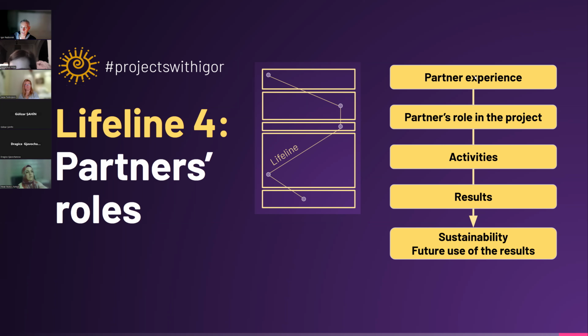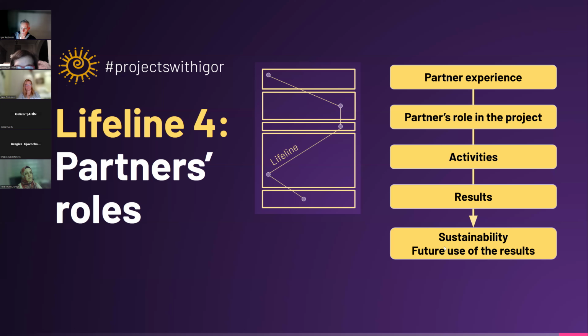And then those skills should be connected to the partner's role in the project. So if I'm an expert in AI, it should be seen that my role in the project is something related to AI. And all activities related to AI should be my activities, and the results should be under my arm.